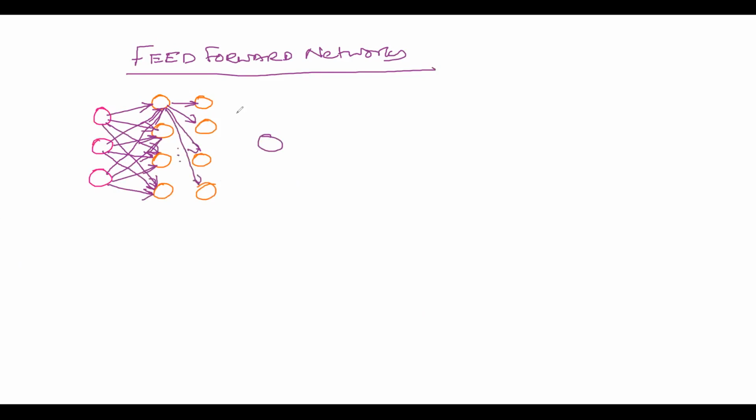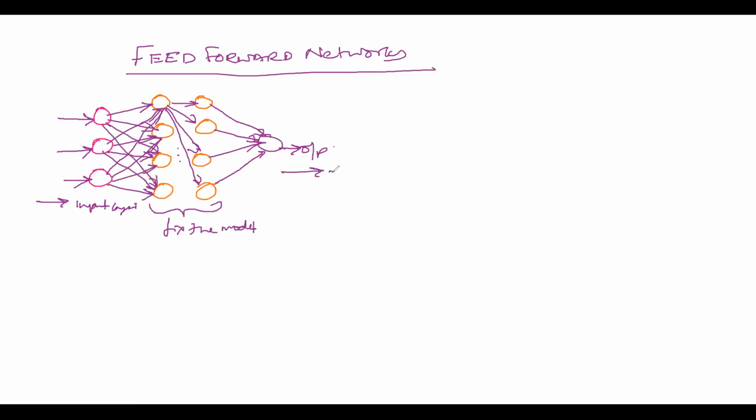And so on. If you see what this whole network is trying to do, it takes my input through the input layer, then uses the hidden layers to fix the parameters, fix the model, and then gives me my output.